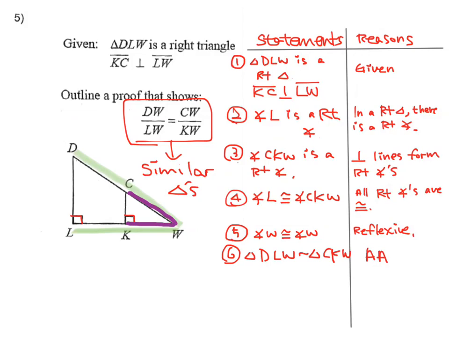So number 7 would have been DW over LW is equal to CW over KW. The reasoning is corresponding sides are in proportion in similar triangles.